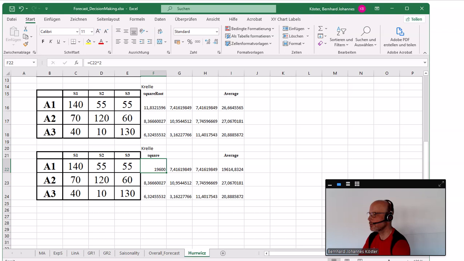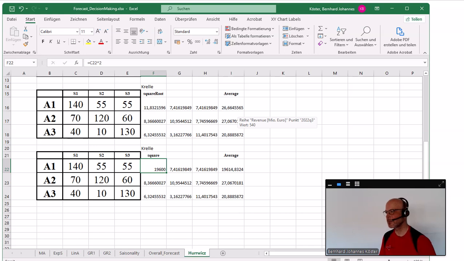Or are you surprised that using the square root, we have the second alternative as the best one? Or wouldn't you expect that the best decision will change?